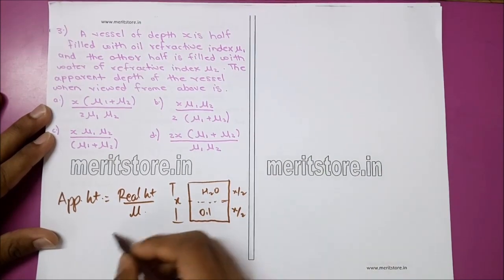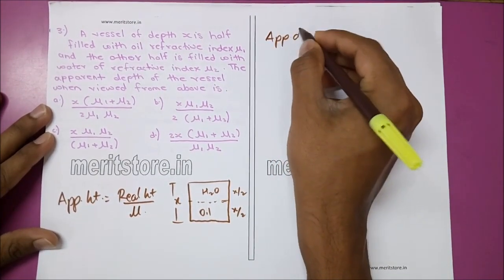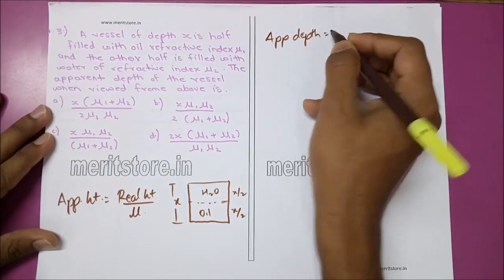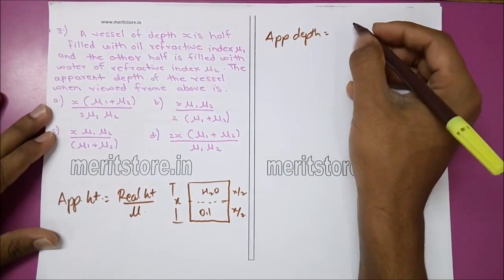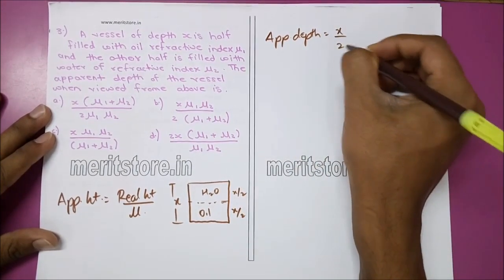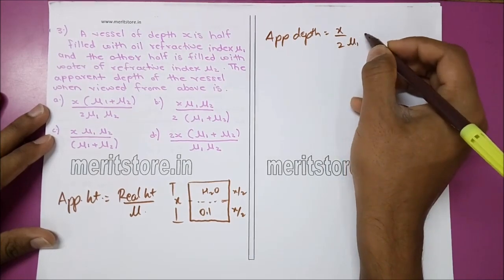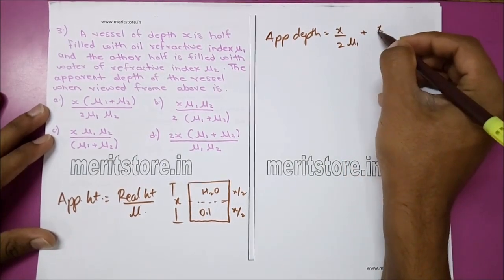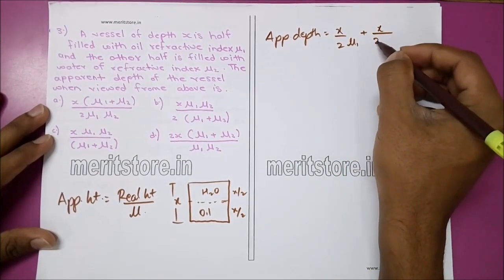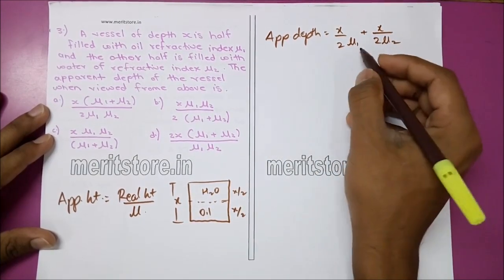So now since there are two liquids, the overall apparent depth would be equal to the real height for the first liquid, that is x by 2, divided by the refractive index of the first liquid, that is mu1, plus the real height for the second liquid divided by mu2.